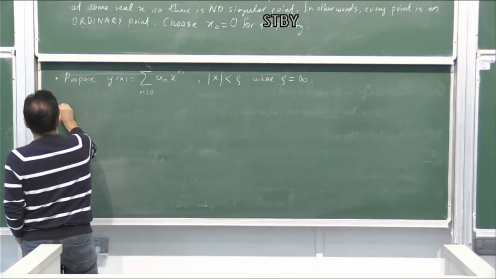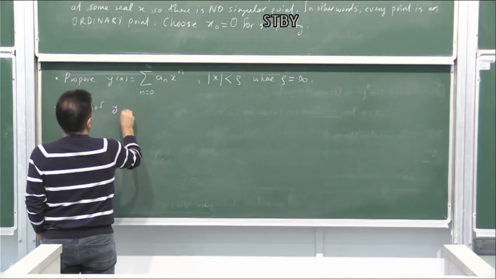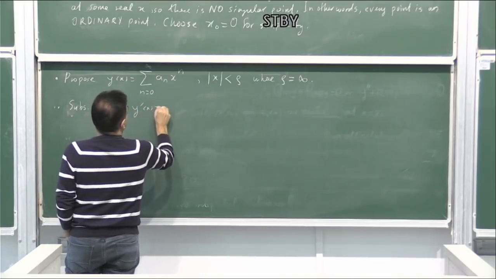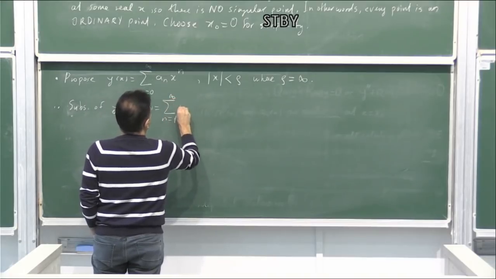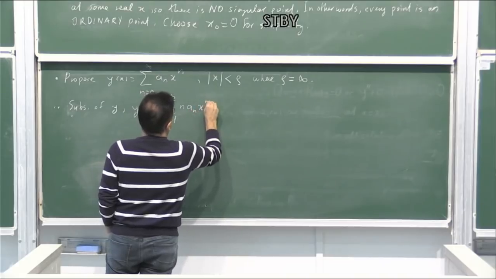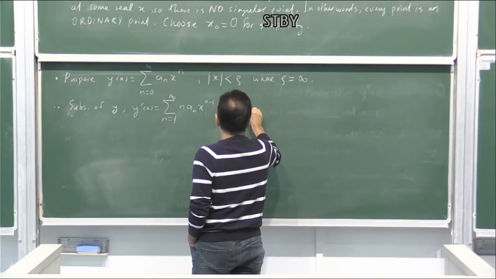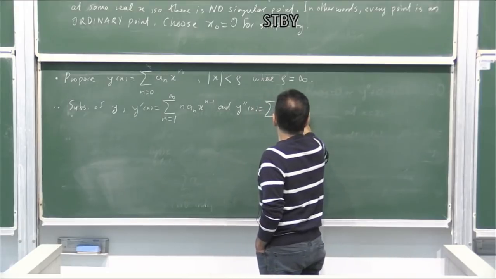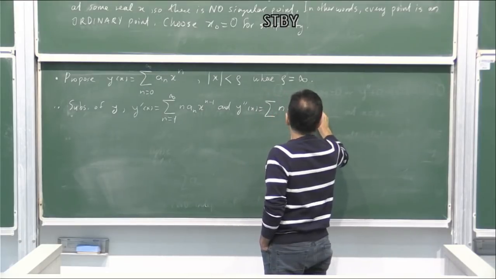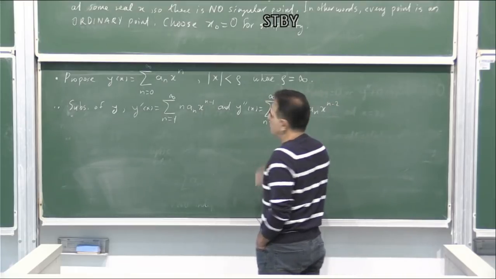Now, substitution of y prime, which is the sum from 1 up to infinity of n x to the power n minus 1, and y double prime, the sum of n minus 1 times n x to the power n minus 2, starting from 2.